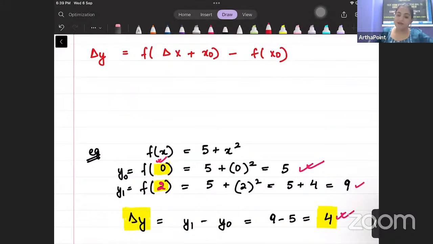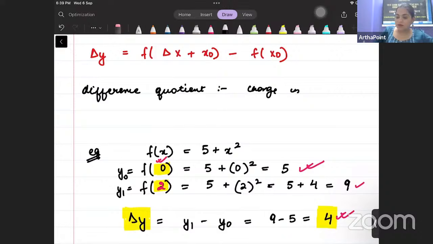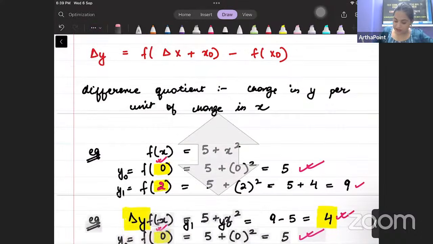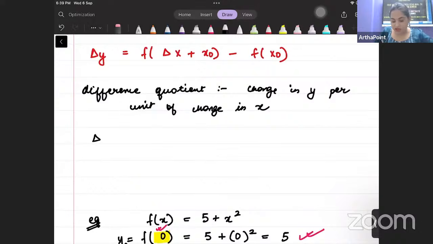Now, I am defining something, this is called difference quotient. इसको हम बोलते हैं difference quotient. ठीक है जी. बेटा, what is difference quotient? The change in y per unit of change in x. This is called your difference quotient. So when you find change in y upon change in x, इसको difference quotient बोलते हैं.